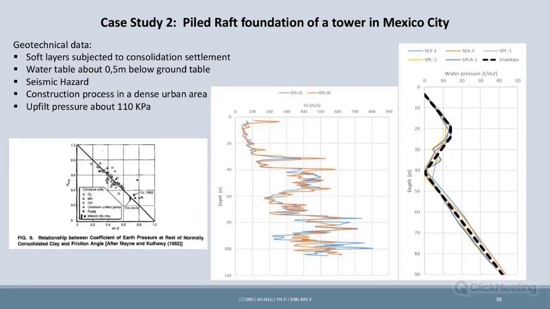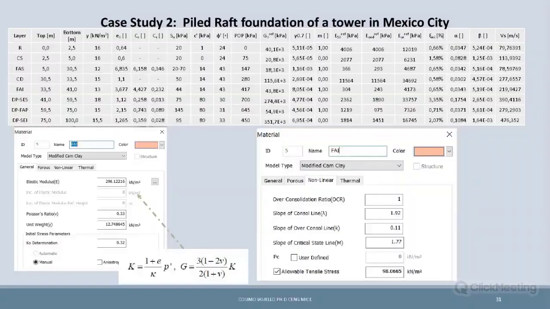Here, what we employed is also something interesting, because the slab has to work with an uplift pressure of 110 kPa. This is the seismic hazard, because Mexico is also very seismic, which we can discuss in another webinar.